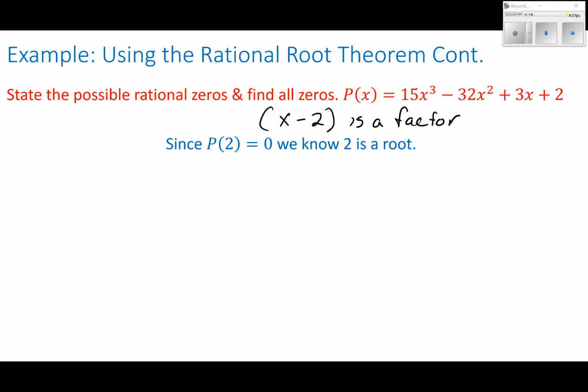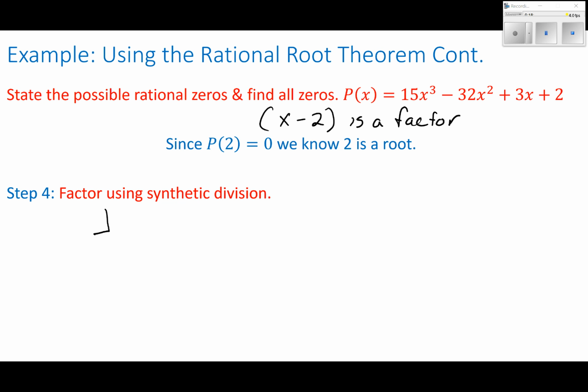So do not mix up this step. If I get 2 as a root, my binomial is actually x minus 2. X minus 2 now is a factor. So now we can use synthetic division to find other factors. So I'm going to make my press box.